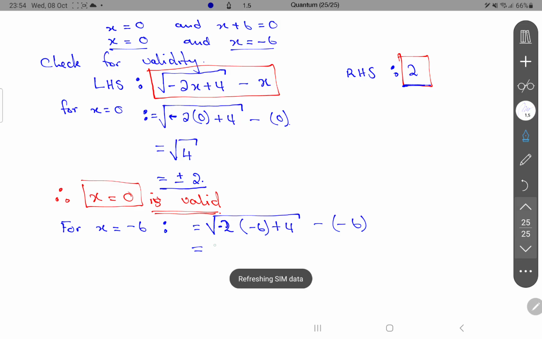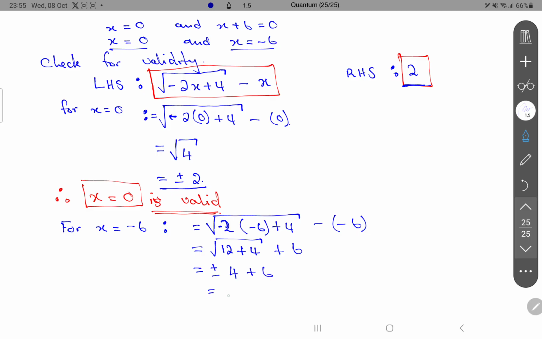So negative and negative is positive, the square root of 12 plus 4, plus the other one, plus 6. So we are going to get plus or minus 4 plus 6.